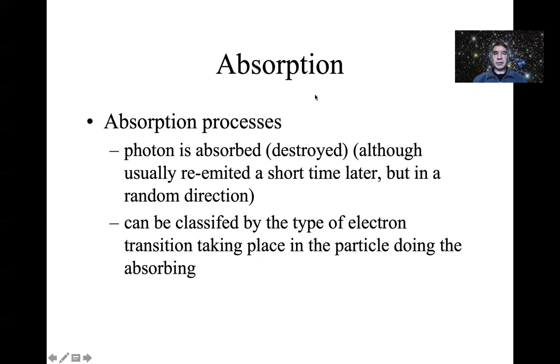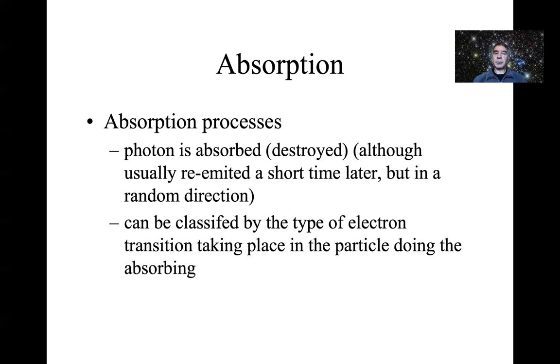So let's think about these two processes, absorption first. Absorption of a photon means that the atom or ion or molecule that it is interacting with fully absorbs all the energy in that photon and basically destroys the photon. So the photon no longer exists. All the energy in that photon is transferred into the atom. Let's just use the word atom for now.